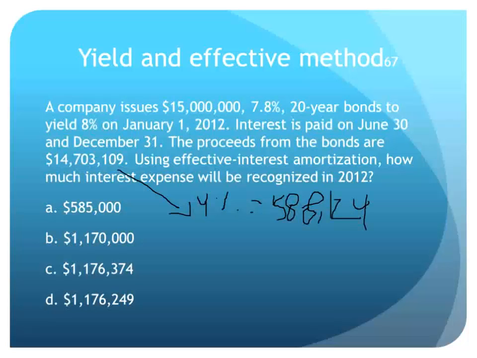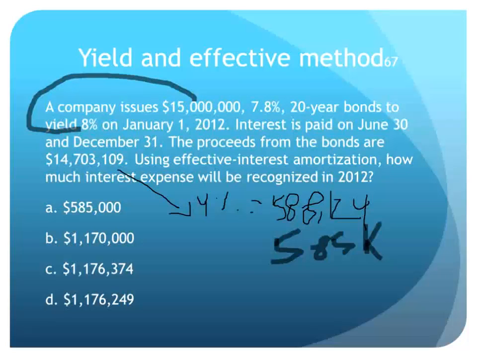And that's the interest expense. Now this less 585K. How do I get 585? That's the coupon payment. That is simply 15 times 3.9%.